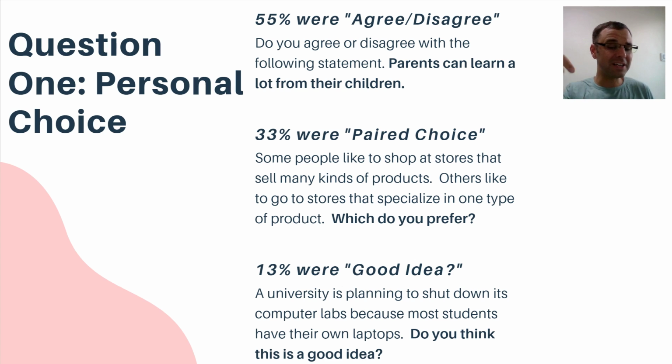Now, I will put a link down to the old video which describes them, and you should probably check it out just in case, but it seems to me that ETS is only using these 3 main styles right now. However, if you get something different, I want you to rush down to the comments section and I want you to tell me all about it so I can make a new video and share the news with the world.